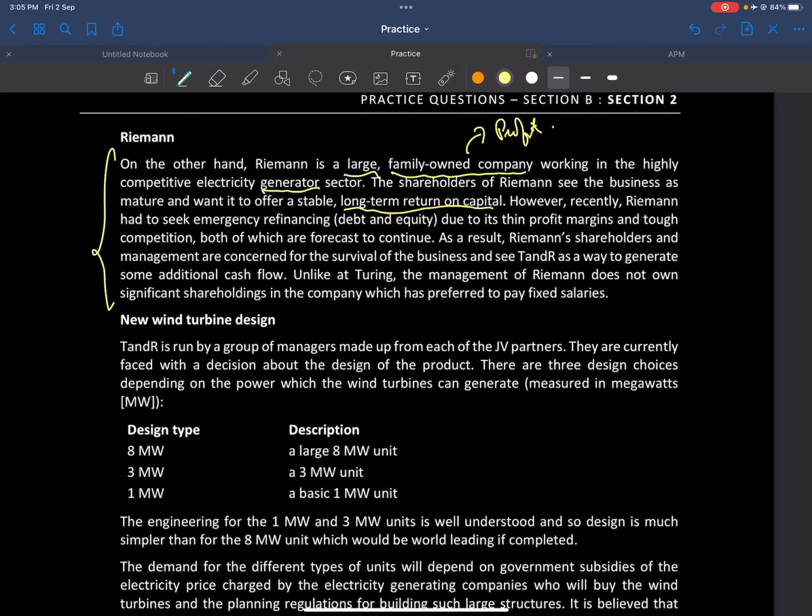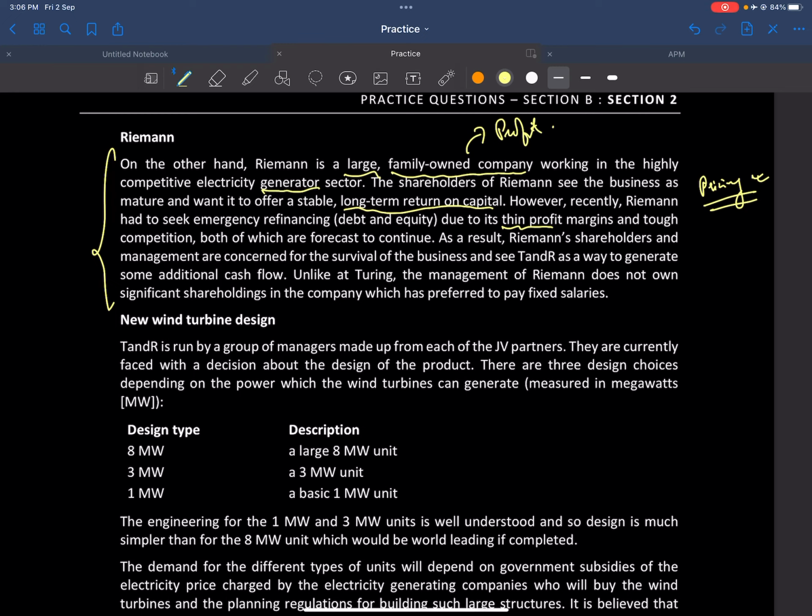However, recently it had to seek emergency refinancing of its debt and equity due to thin profit margins. So pricing could be one issue with Raymond. Since they have had this kind of failure, they might want to increase their profit margin. So profitability for them is important as well.